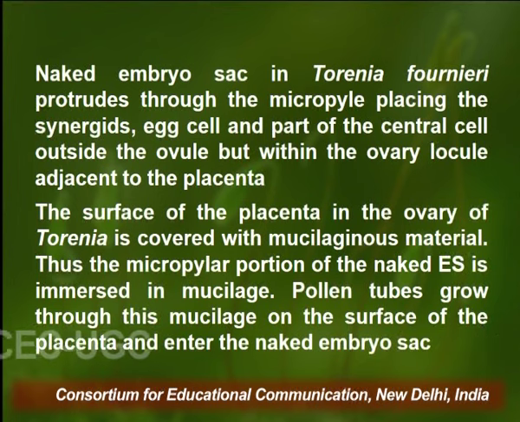Naked embryo sac in Torenia protrudes through the micropyle, placing the synergids, egg cell and part of the central cell outside the ovule, but within the ovary locule and adjacent to the placenta. The surface of the placenta in the ovary of Torenia is covered with a mucilaginous material. So, the micropylar portion of the naked embryo sac is immersed in this mucilage. Pollen tubes grow through this mucilage on the surface of the placenta and they enter the naked embryo sac.